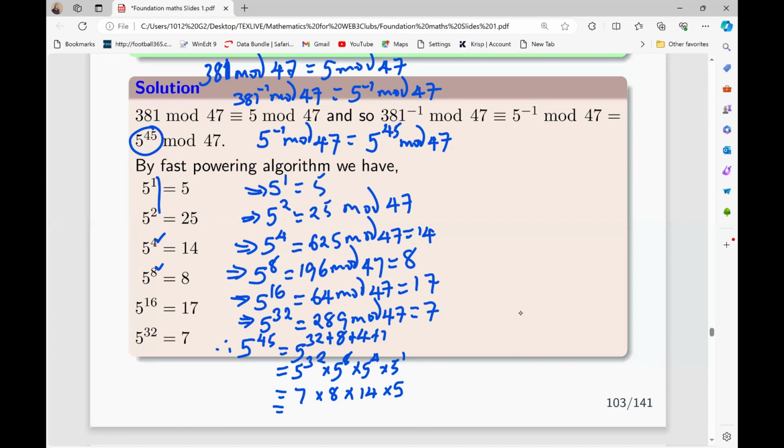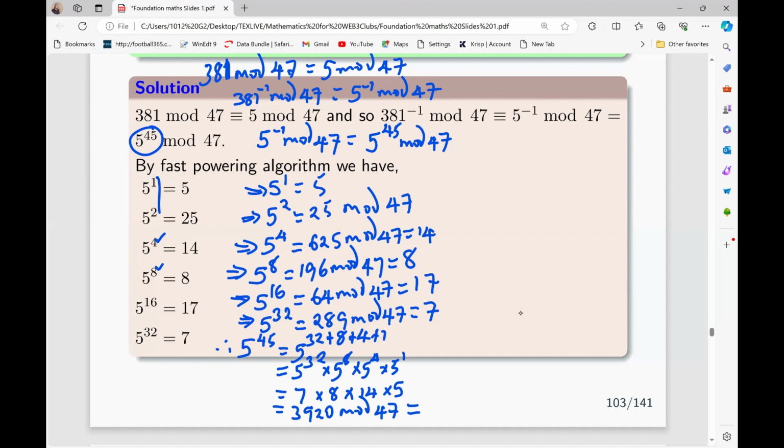7 times 8 times 14 times 5 gives me 3,920. I'm doing this mod 47, but the number is huge. It's bigger than 47. That means I have to divide by 47, which will go there 83 times, and what I require, in fact, is just the remainder.